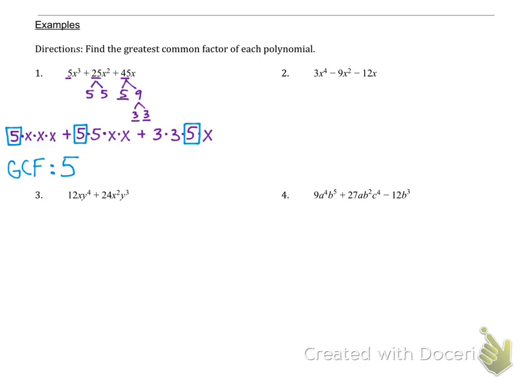It looks like we also have an x in common in each of the terms. So I'm also going to include an x. Now we can't say that there's a second x in common because that third term doesn't have a second x. So our greatest common factor for this polynomial is 5x.